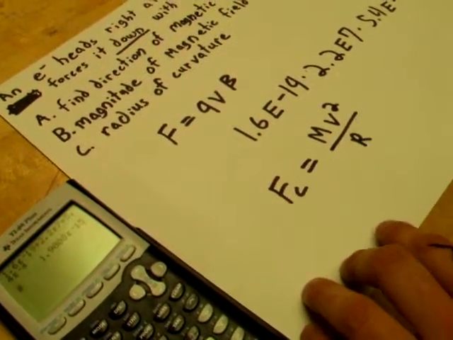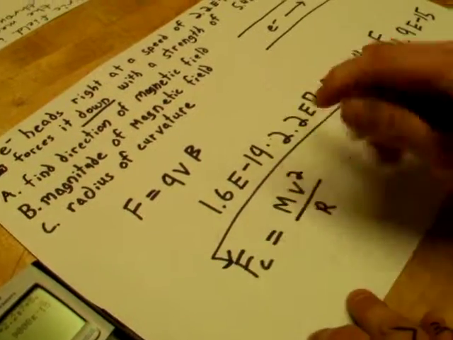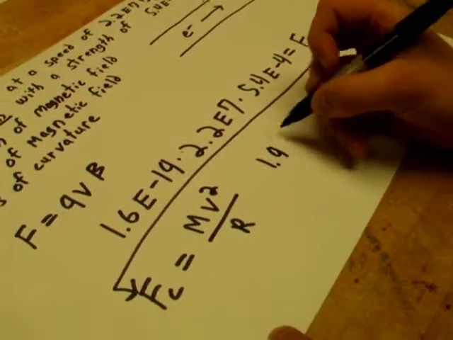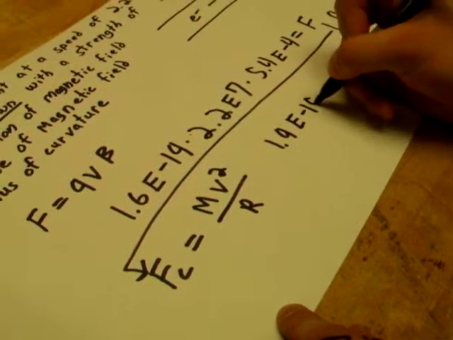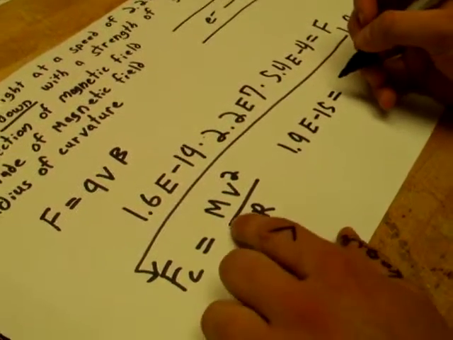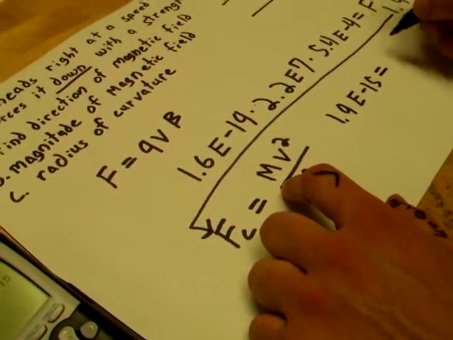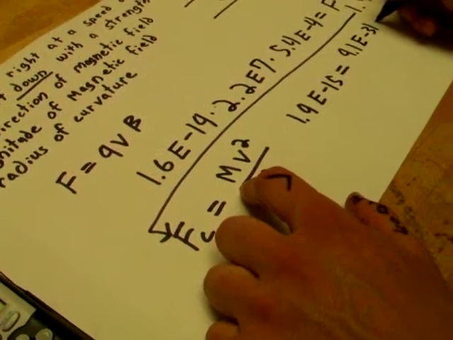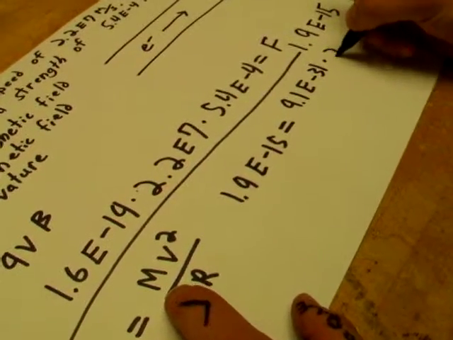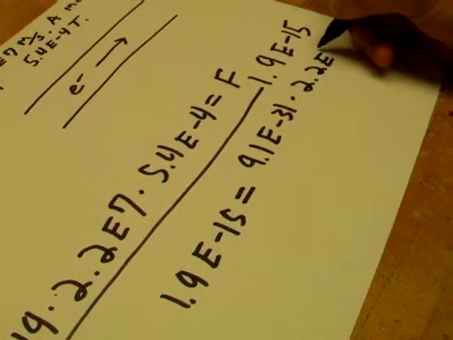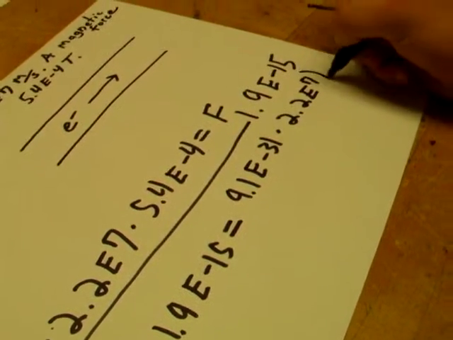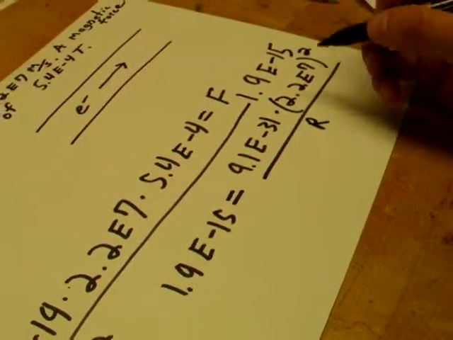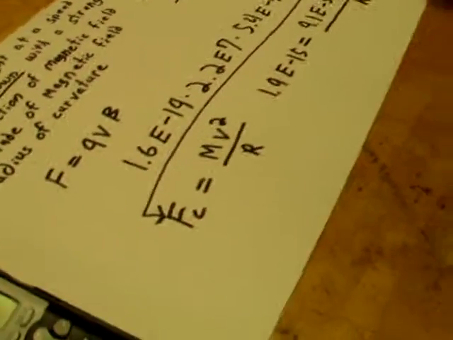Now, this is our force, what we found in letter B. So 1.9e-15 equals m, the mass of an electron, which is 9.1e-31, times v squared, which we know, 2.2e7, squared over r. And then we solve it for r.